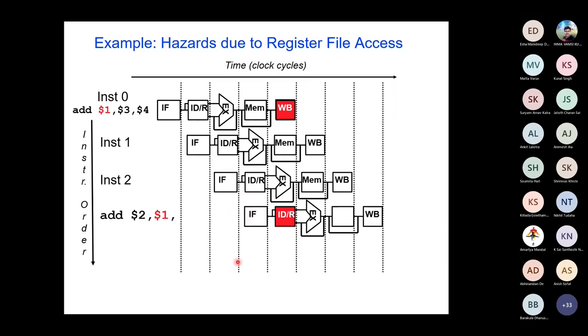Even then, see the destination being updated here, and the same register is being used as a source here, and you want to read the same register in the same clock cycle. That's not possible. If you read, you are going to read something else before updating. Or maybe one instruction is trying to write while another instruction is trying to read. It's not possible.